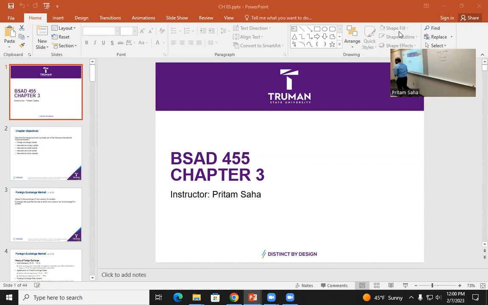What are the differences between these two? When you say we're going to trade in the spot market versus we're going to trade in the derivative market, what are the differences? Is it the same?